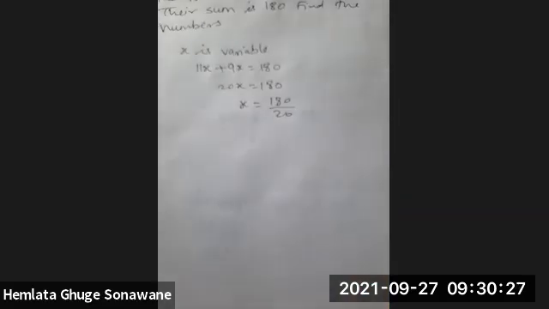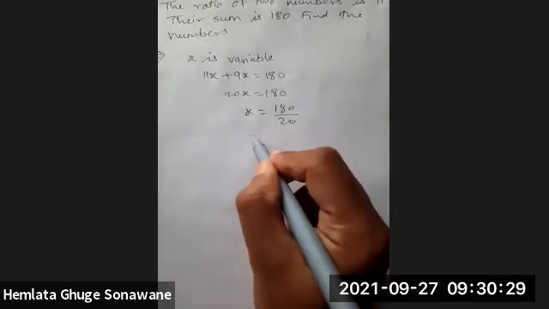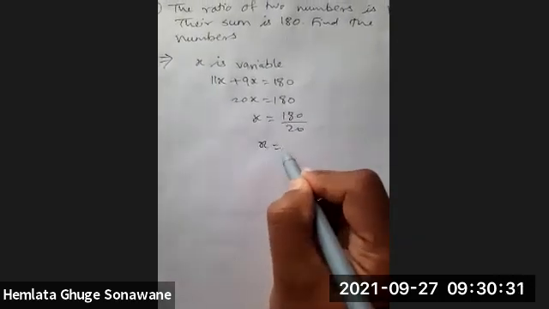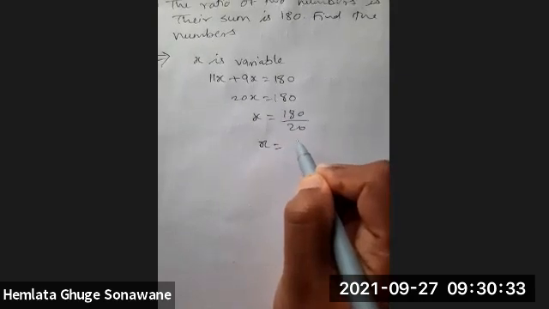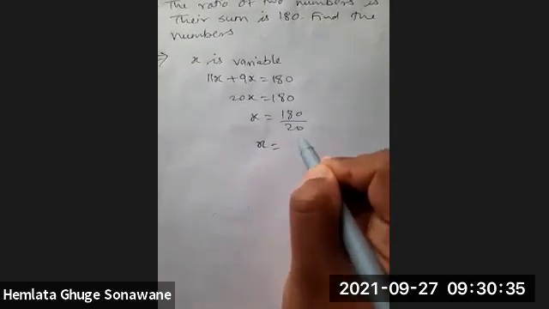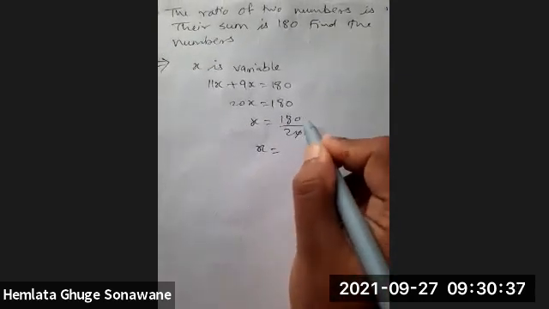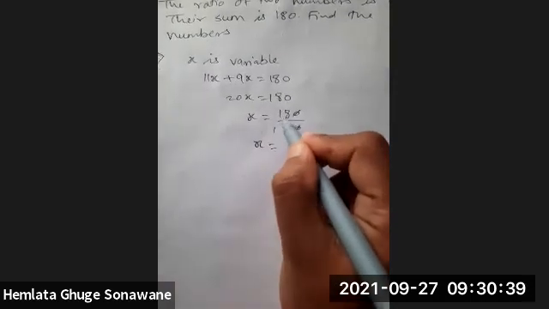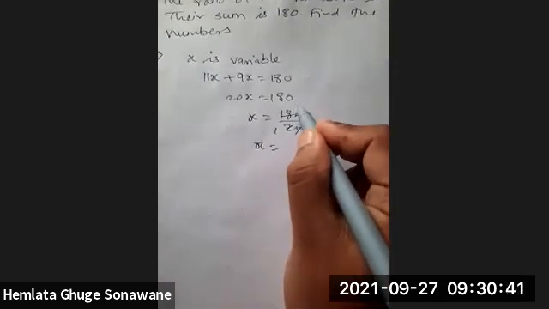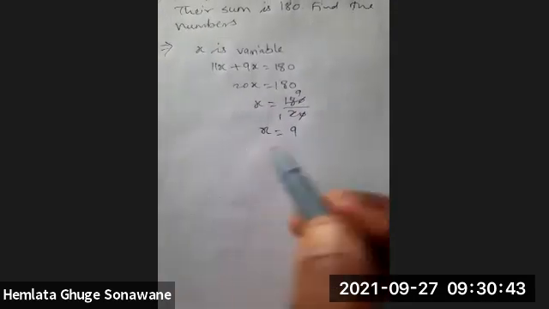Very good. x is equal to 180 upon 20. After that, x is equal to 90. How 90? This 0 gets cancelled. 2 ones are 2. Sorry ma'am, 9. Very good. x is equal to 9.